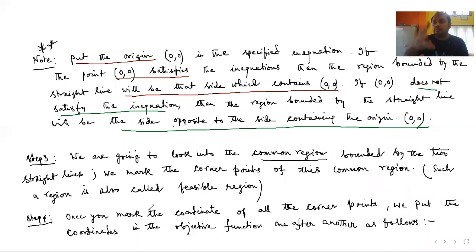I can put 4 different graphs in the options, and I can ask you which of the following is not a valid graph. Okay, understood. So this sort of questions can be asked.